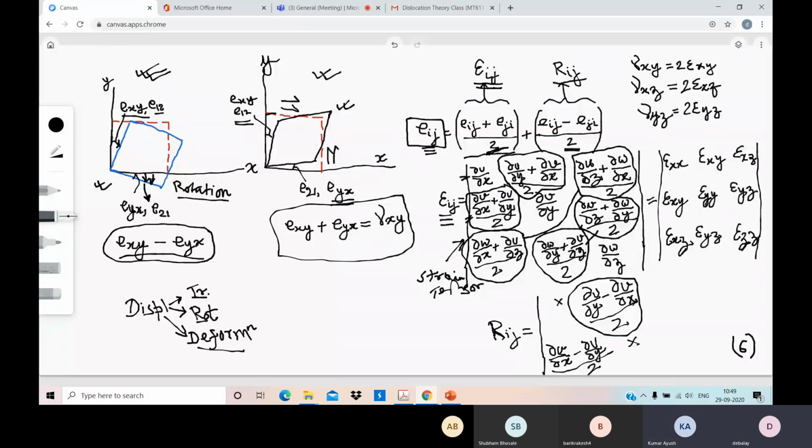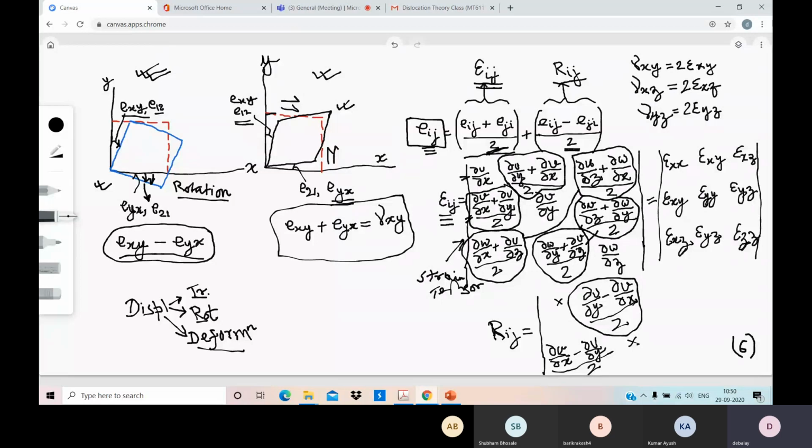Symmetrical tensor. It is showing up as a symmetrical tensor. And you know, stress tensor is also a symmetrical tensor. And you also know that stress causes a strain, or from strain you can calculate stress. So if stress tensor is symmetrical, strain tensor has to be symmetrical, because they are related by elastic constants.